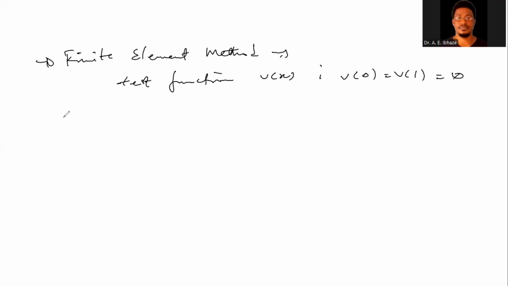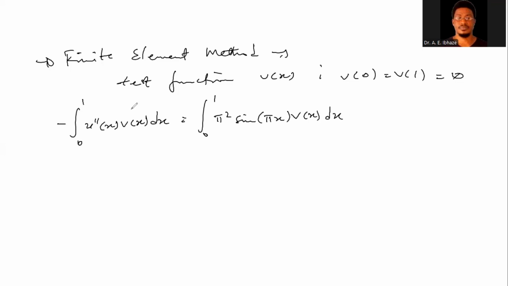boundary. So we now have negative integral 0 to 1 u prime prime of x, v of x dx, which will now be the same as integral 0 to 1 pi squared sine pi x v of x dx. So just multiply both sides and we've integrated.